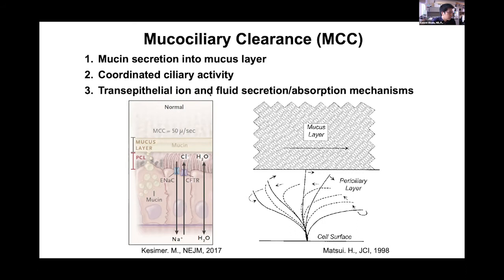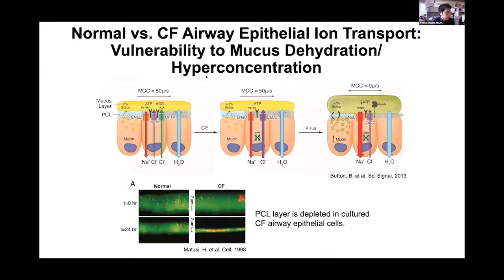This fluid secretion is mainly regulated by CFTR. Those 3 components interact with each other and maintain airway mucus homeostasis to get rid of irritant particles.